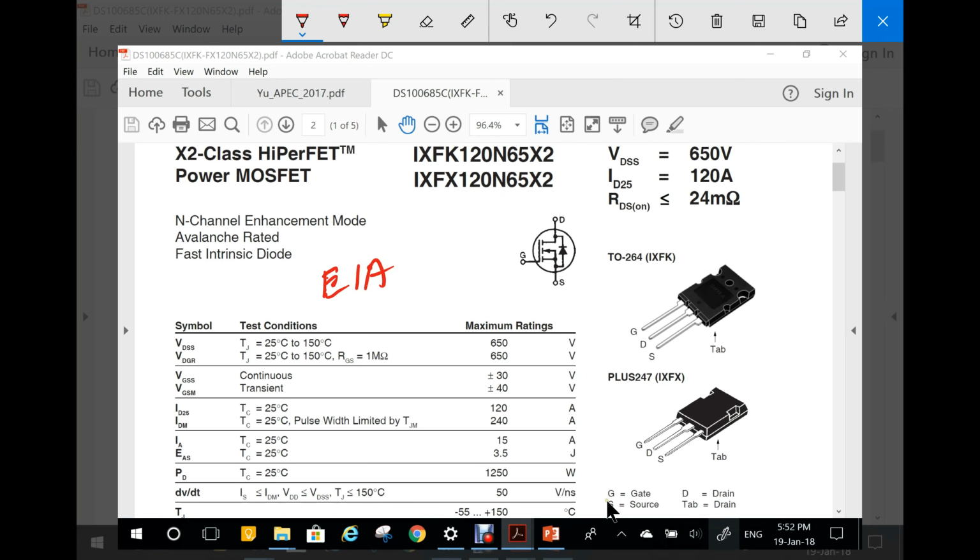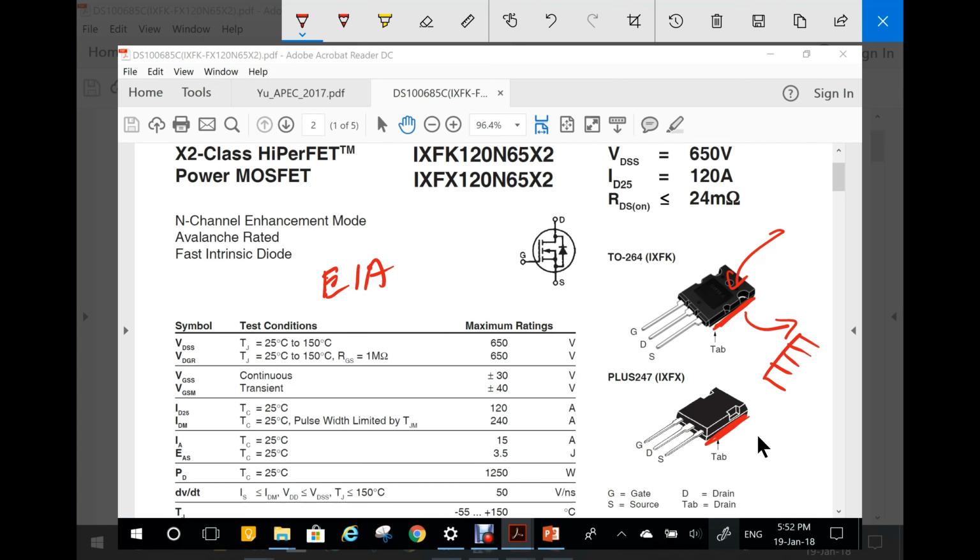Now, what it says here is the designation of the connection of these terminals, these pins. This is the gate, source, drain, and tab. Now, the tab is underneath. There is actually a metal plate here and here. And the purpose of this metal plate is to transfer heat from inside this transistor to preferably a heat sink that you would attach, and we'll talk about it, of course, in detail.